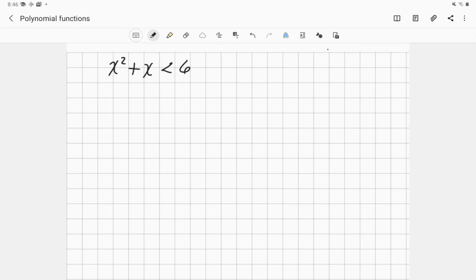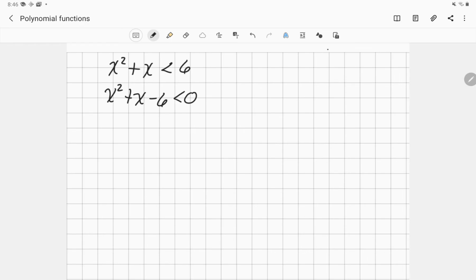Well, the first thing you should do is move everything over to one side and make one side 0. So simply move the 6 over and have less than 0.